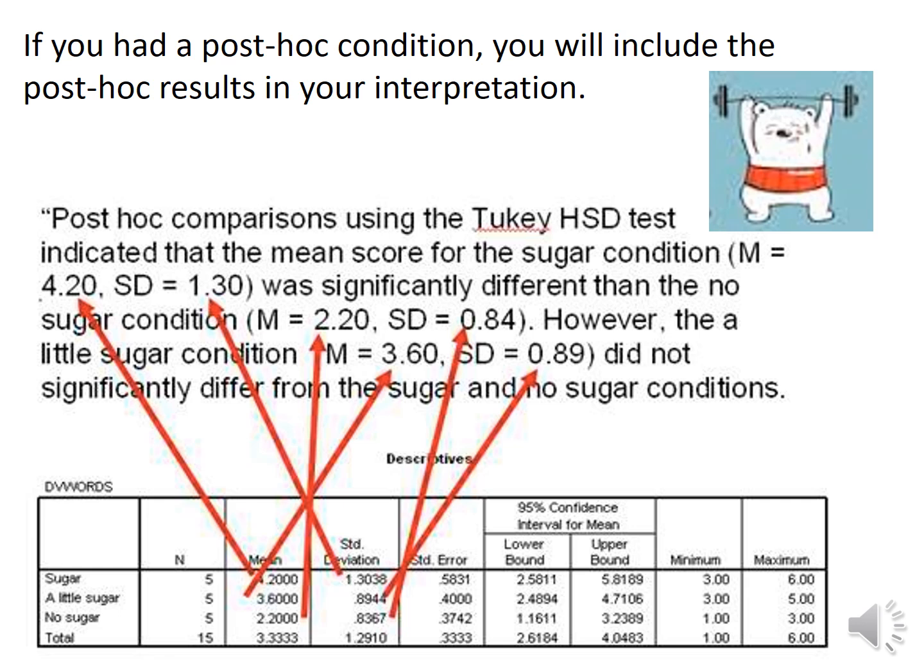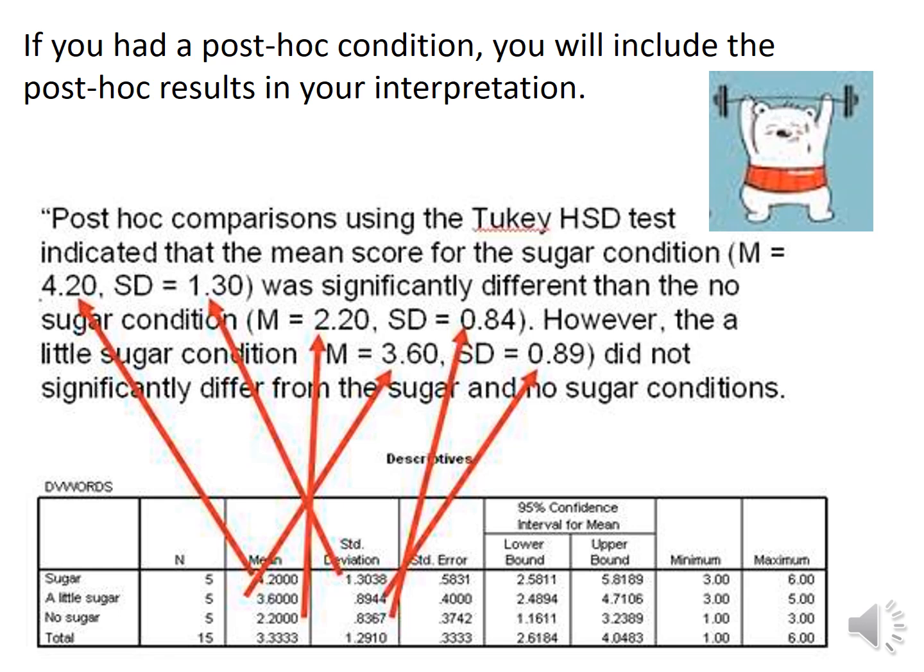As you can see here, this is a different example, using sugar conditions, not athletes versus non-athletes. When we report post hoc results, we make use of the mean and the standard deviation. From the mean and standard deviation, we can already see which have differences.